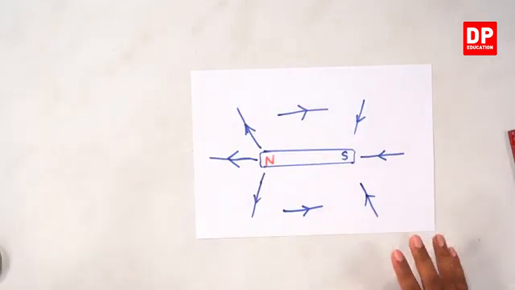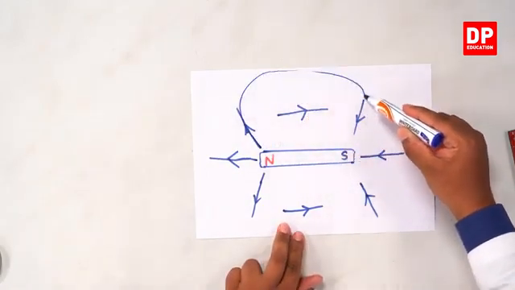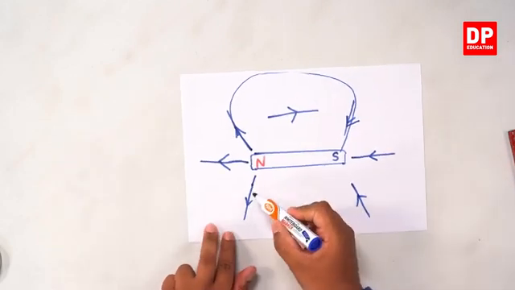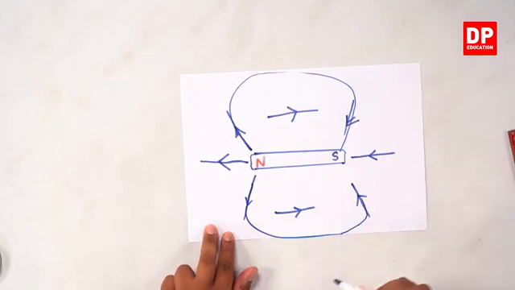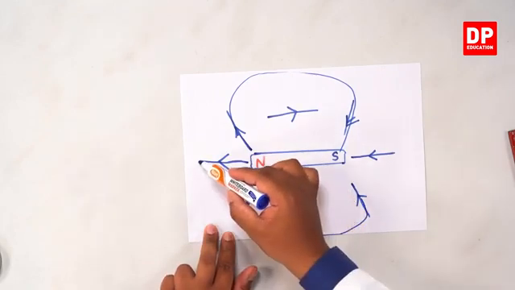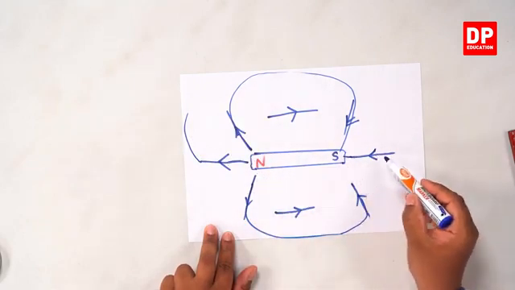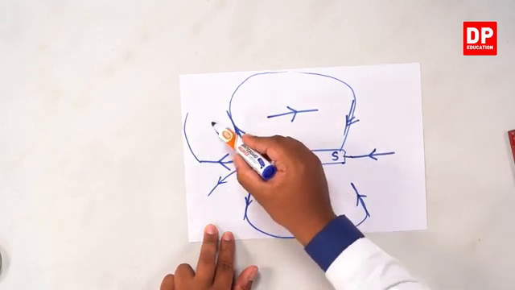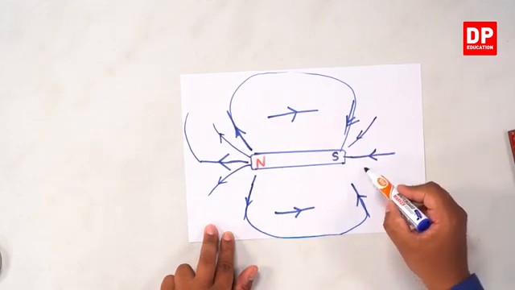So I can draw it like this. Always it is going to go like this. Can you see that? So it's going to emit in this way from the north direction, and it's going to get collected at the south pole.